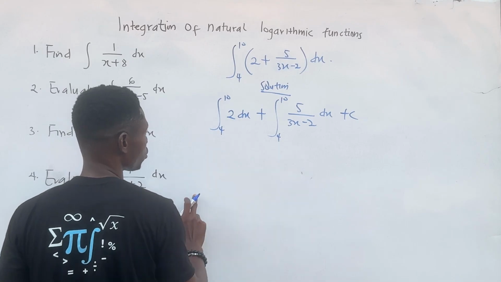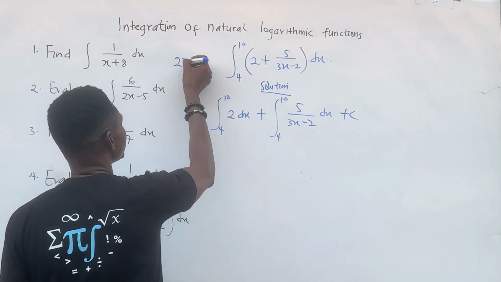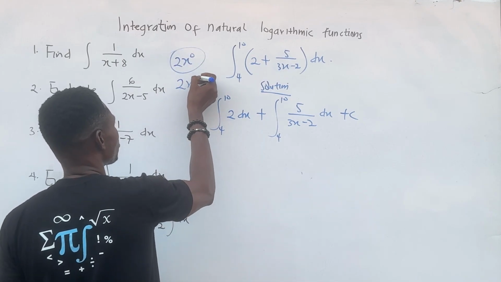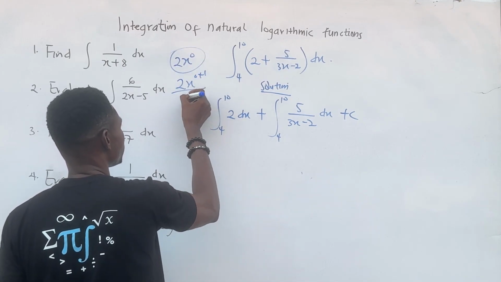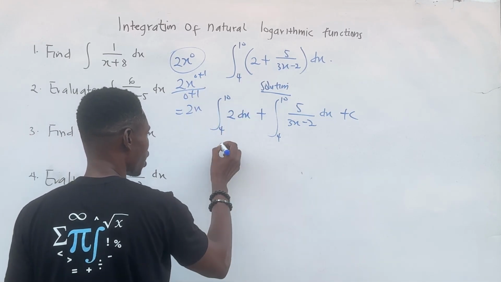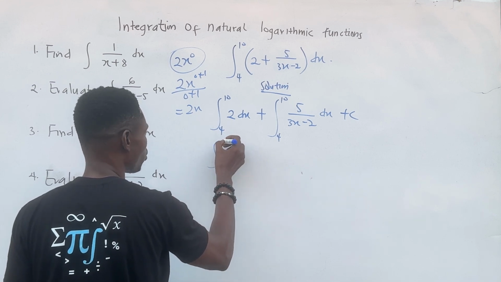This will give us, if you integrate 2, it is 2x raised to the power 0, right? So it becomes 2x raised to the power 0 plus 1 over 0 plus 1, and then you have 2x. Before we integrate, let me do one more.